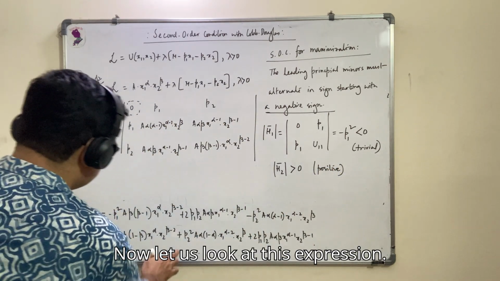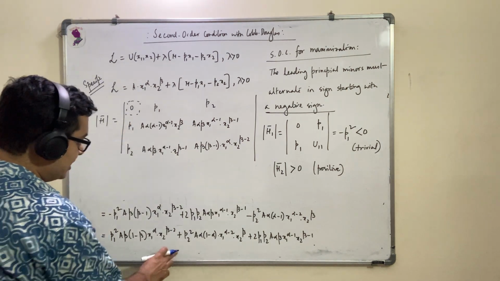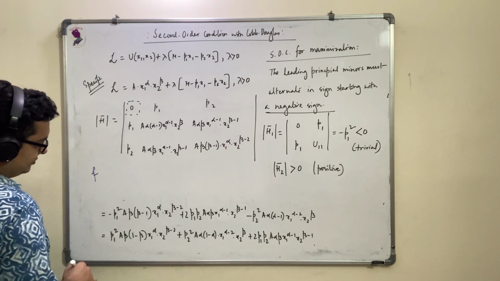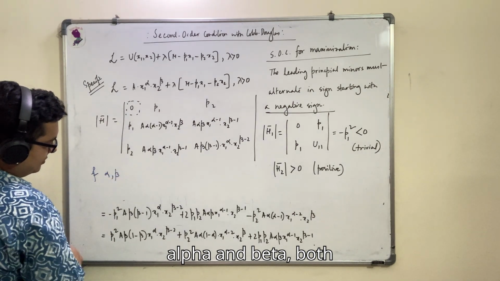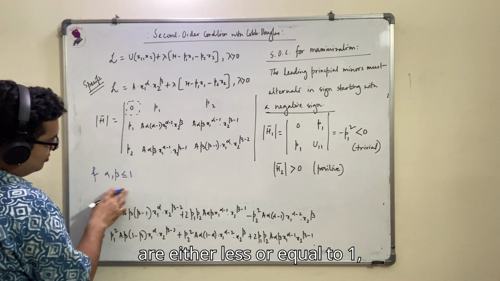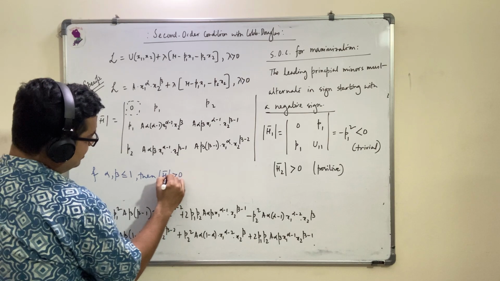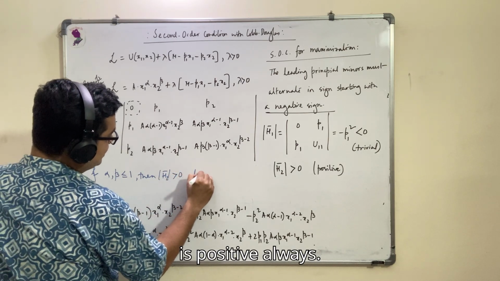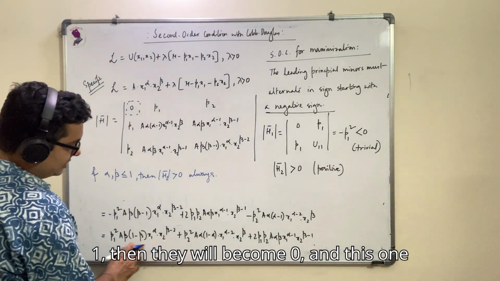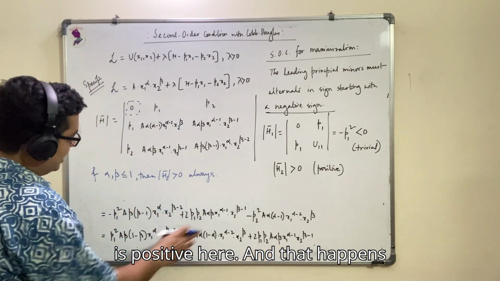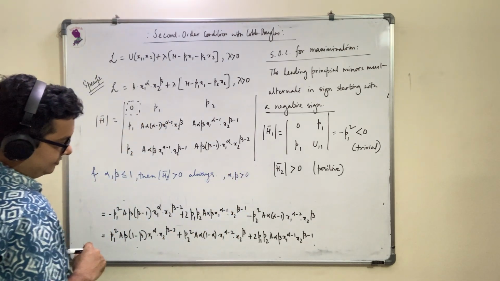Okay. Now let us look at this expression. In this expression, if alpha and beta both are less than or equal to 1, then this bordered Hessian is always positive. If we put beta and alpha equal to 1, then they will become 0, and this one is positive here. And that happens because initially we have said that alpha and beta both are positive.